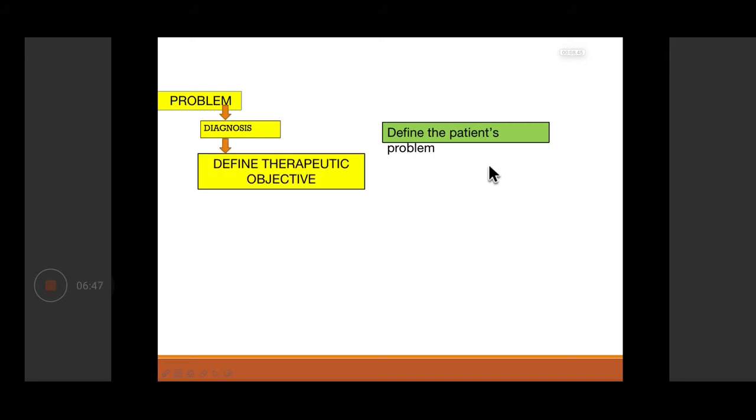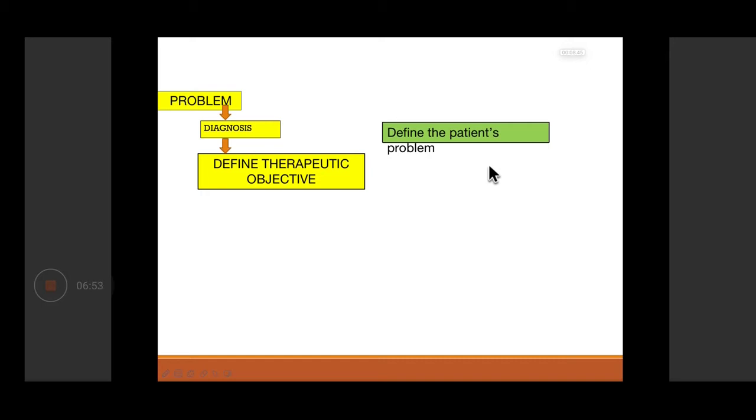First of all, whenever we are doing the P medicine, what are the things we have to keep in mind? Problem, diagnosis: define the patient's problem. Then you have to define the therapeutic objective, which is what you want to achieve with the patient's problem.